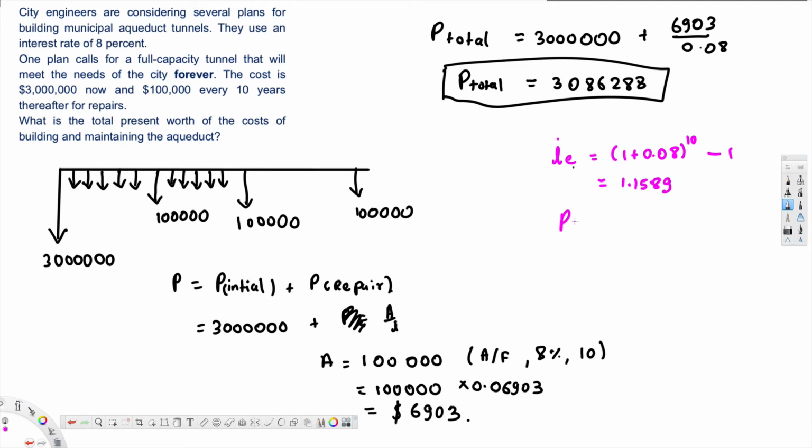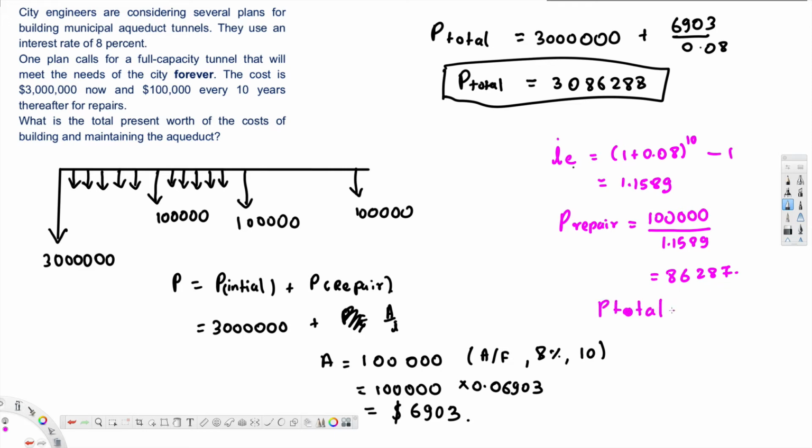And P repair is basically A, 100,000, divided by 1.1589, and that gives us 86,287.